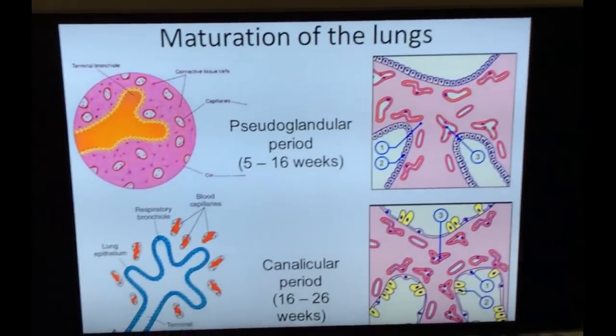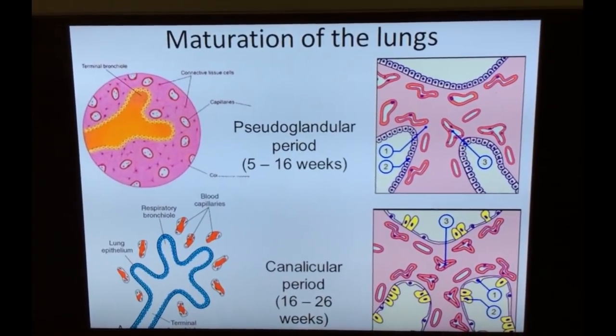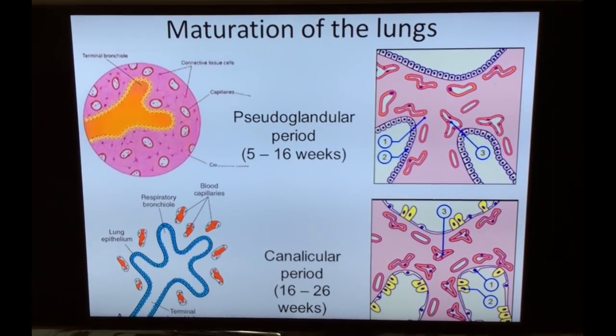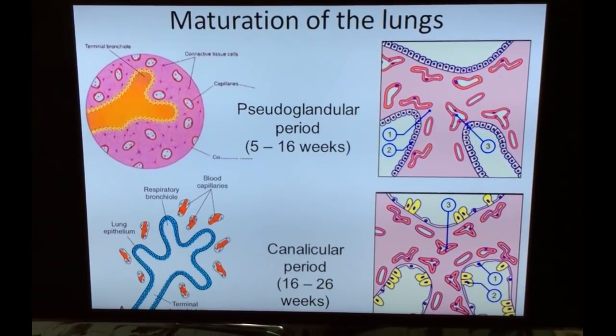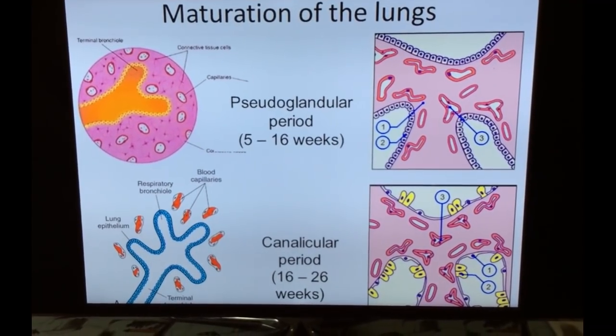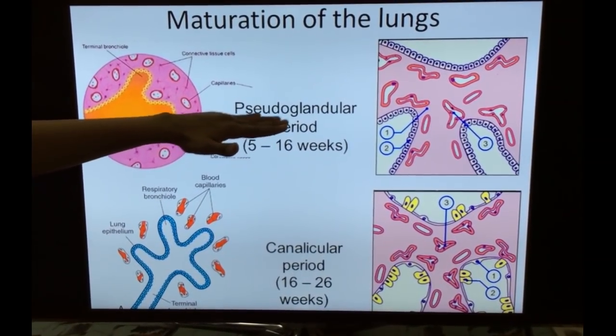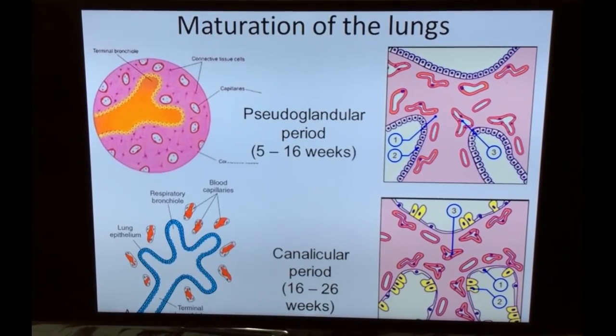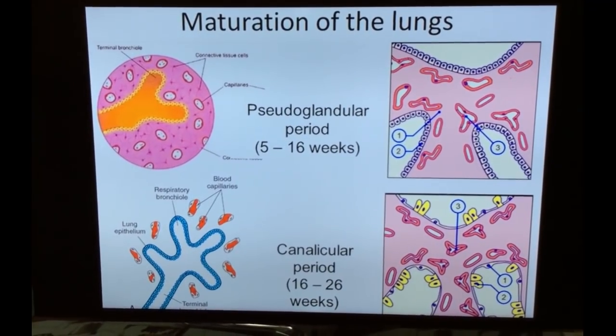When these branching patterns are going on, there will be maturation of the lungs. The maturation of the lungs is divided into different periods. The first is the pseudo-glandular period, where there is not much maturation of the lungs.